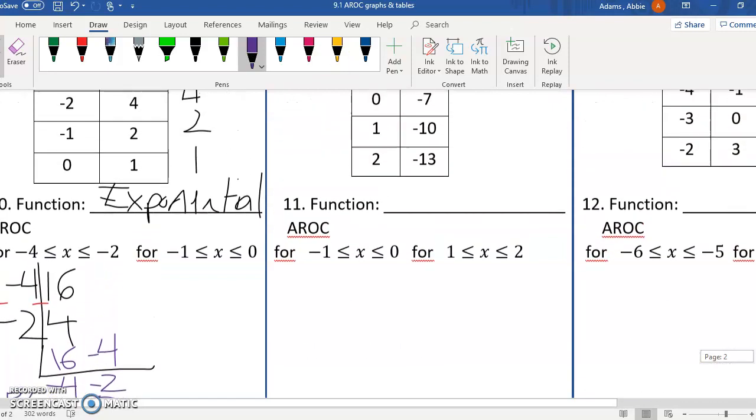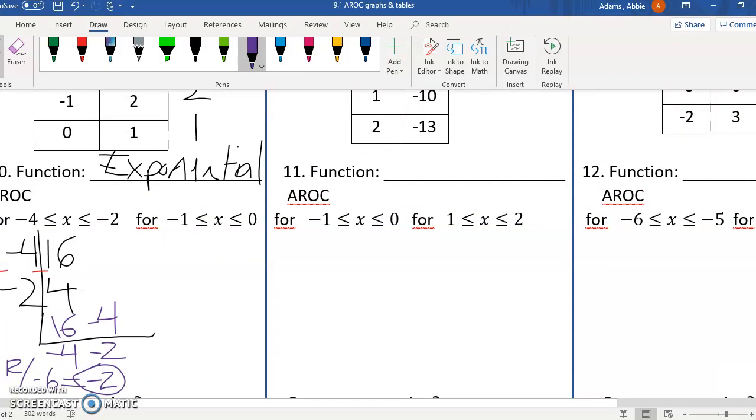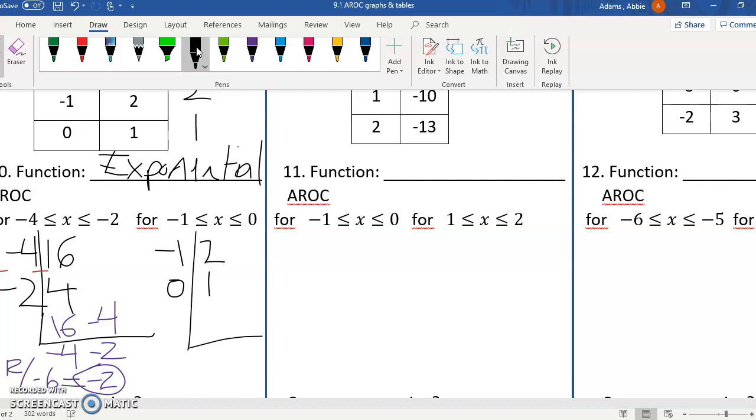Second interval, we're going from -1 to 0. When x equals -1, y equals 2. And when x equals 0, y equals 1. So let's make our slide here. We've got our change in y's on top.